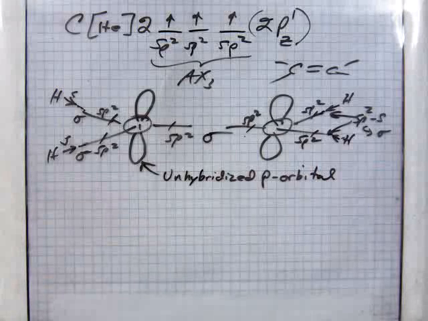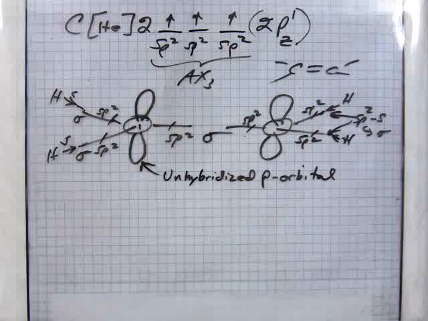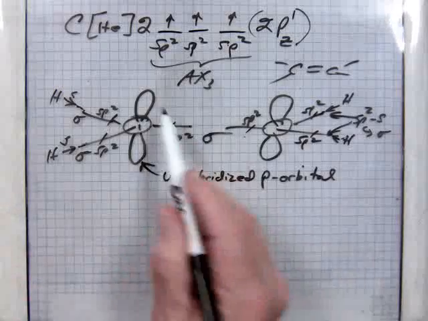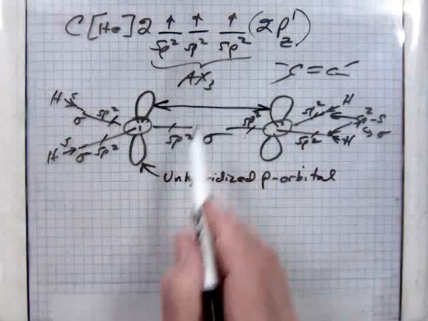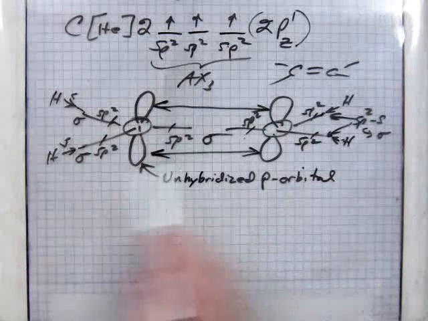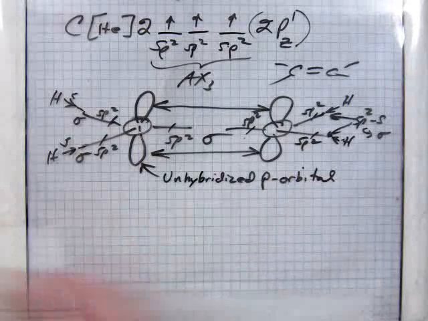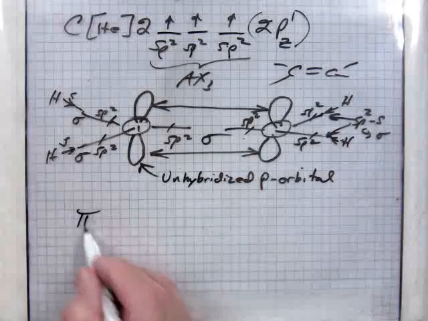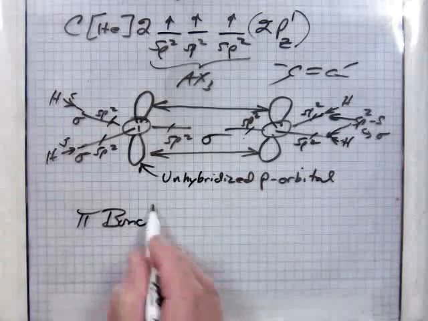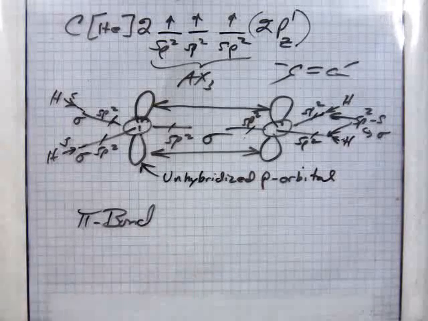Now, what happens to the unhybridized p orbital? The lobes overlap and form the second kind of bond, and it's called the pi bond, and it's only found in double bond and triple bond configurations.